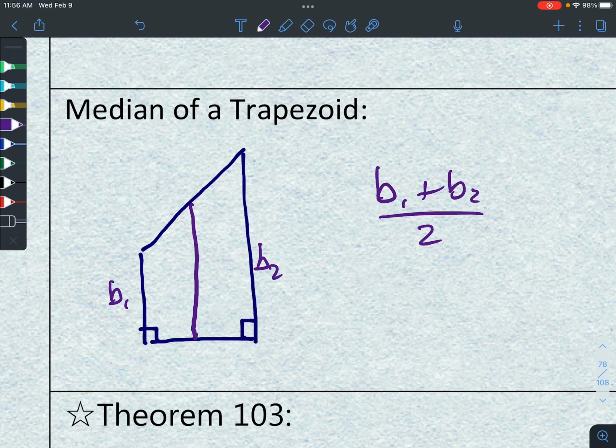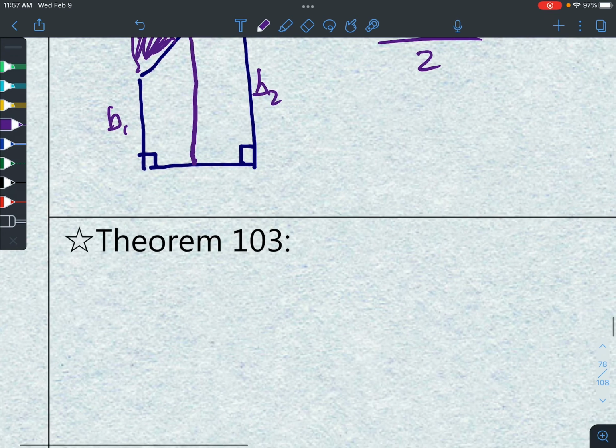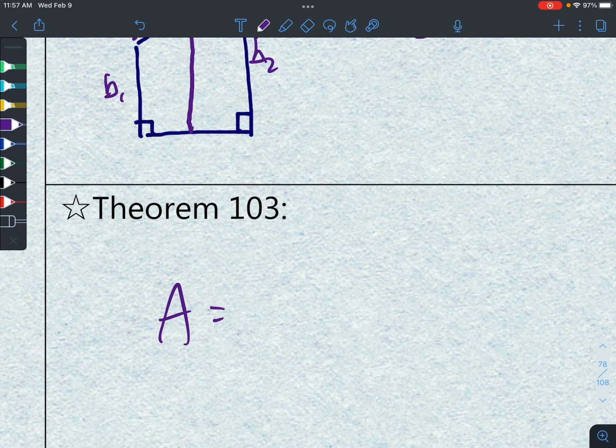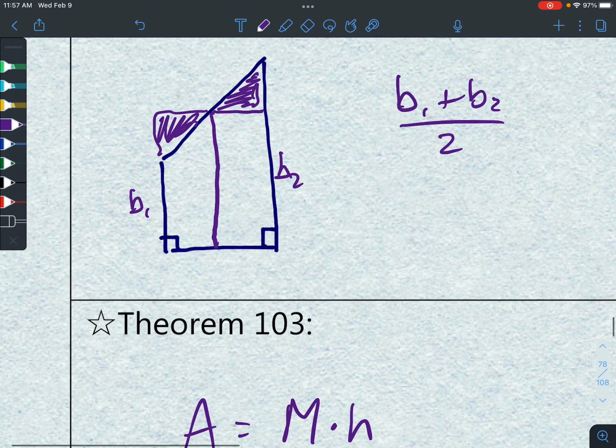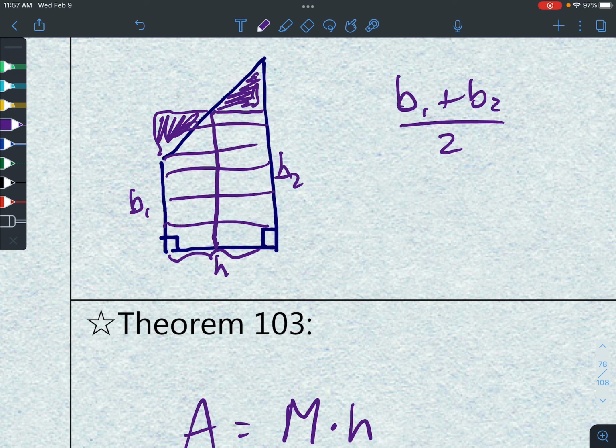And then we would take this piece here and flip it over here. And that ends up giving me the theorem for the area as the median times the height, right? In this case, my height is best envisioned as being on the bottom. The height stays constant throughout this problem all the way across.